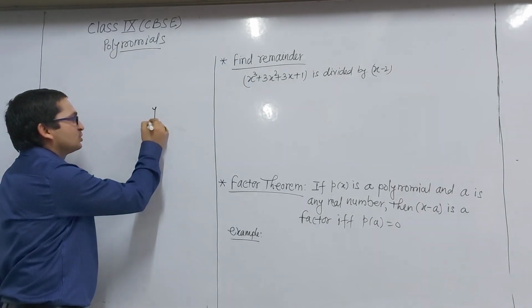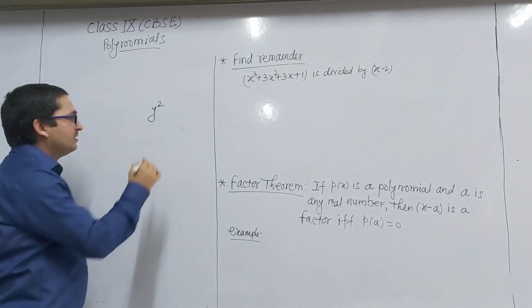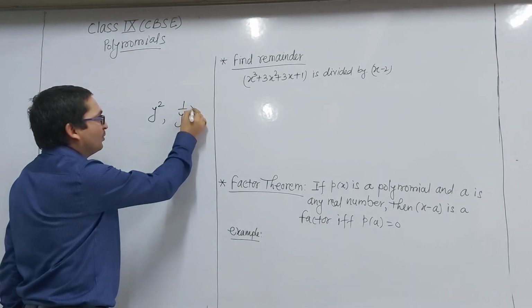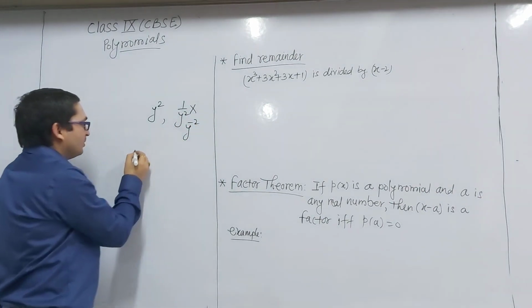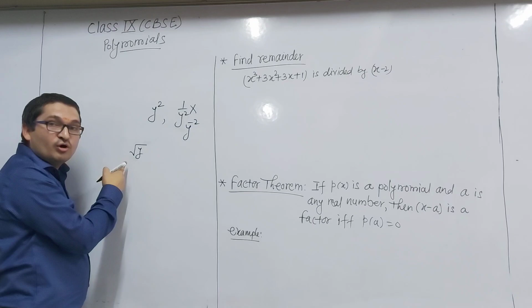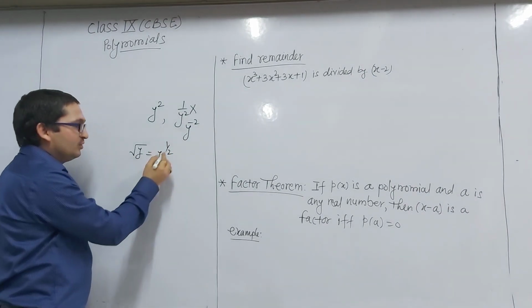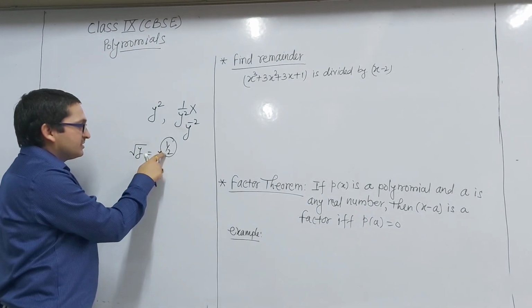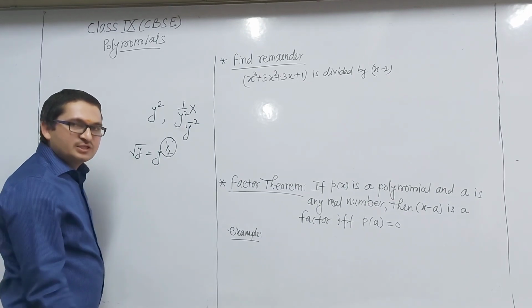So y square, is it a polynomial? Yes. 1 upon y square, is it a polynomial? No. The reason is that it will be y raised to the power minus 2. Root y, is it a polynomial? No. The reason is that it is y raised to the power 1 upon 2, and 1 upon 2 is not a positive integer. This exponent should be a positive integer, then the given algebraic expression will be a polynomial.